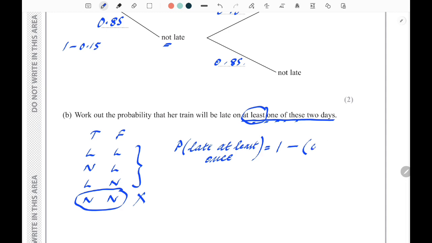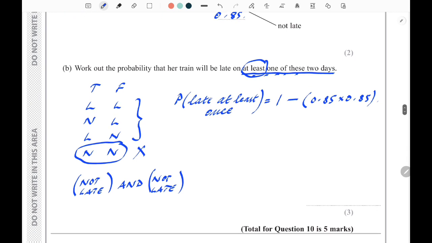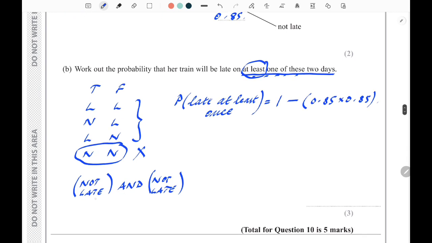And I'll explain how we get that. It's basically 0.85 times 0.85. So when you have not late and not late, the and means you multiply the probability.